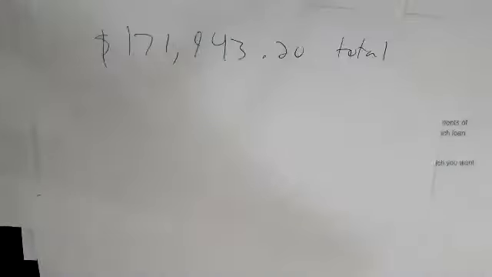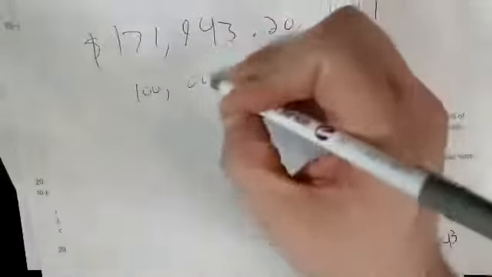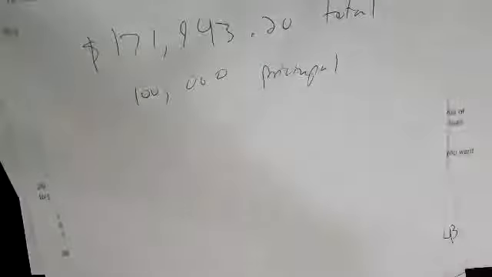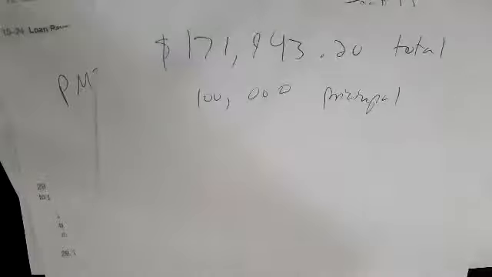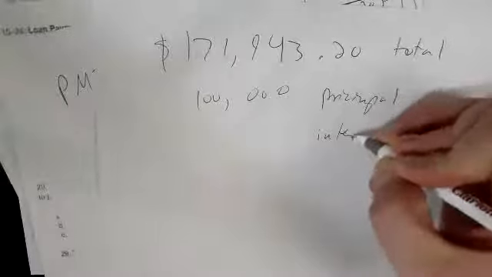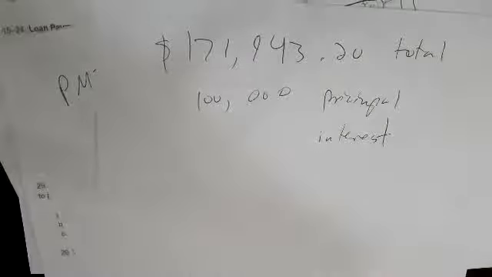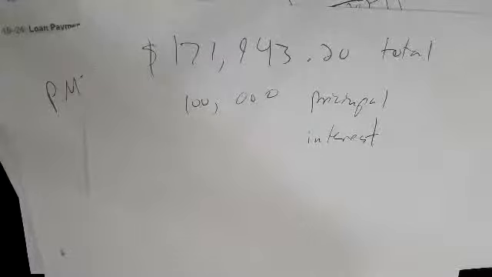So how do I find out how much interest I paid? They give principal is 100K, yeah. So if I want to find how much interest, how do I find that out? Divide it? Not dividing.